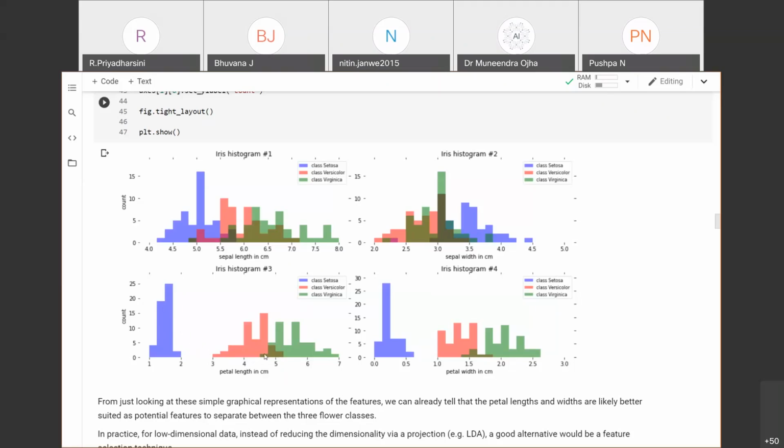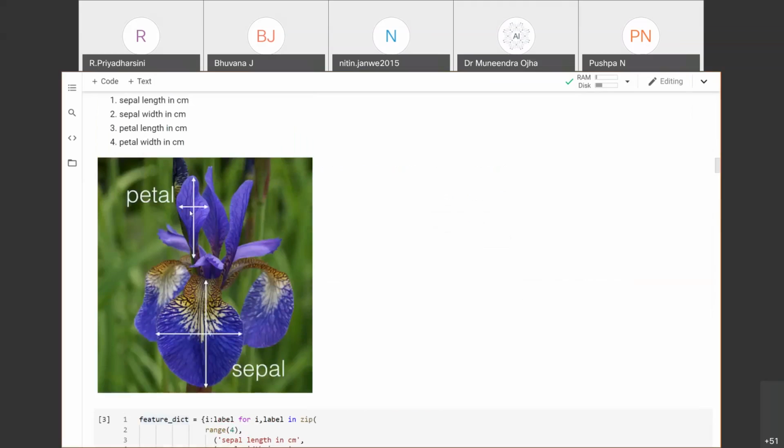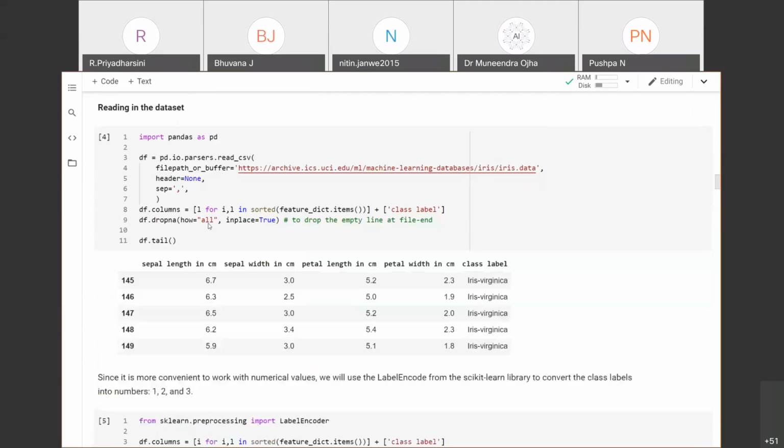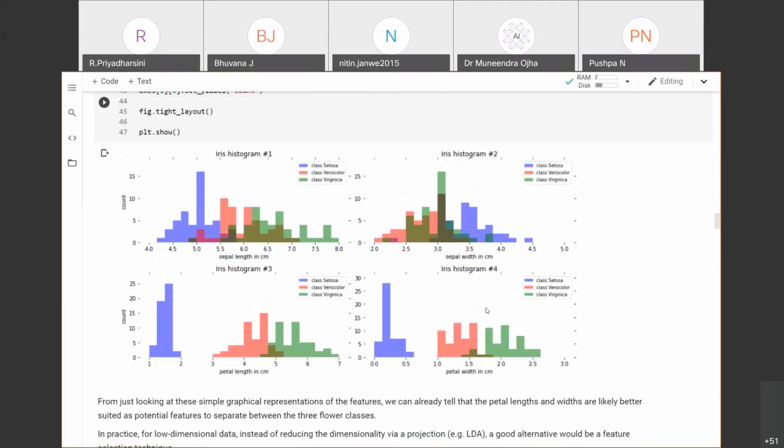Among the remaining two, versicolor and virginica, there is a very small overlap, and the same goes for petal width as well. If we observe the petal width and petal length, we will be very clear in identifying which class of iris flower it is.